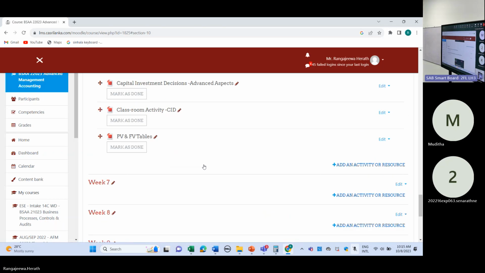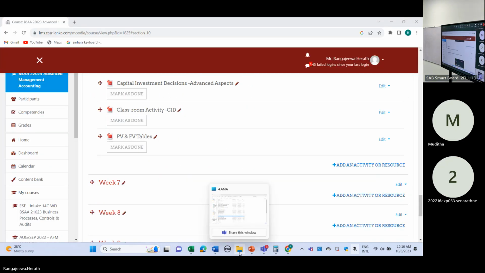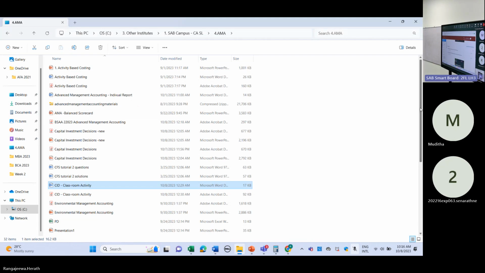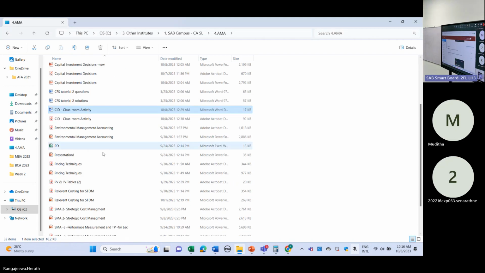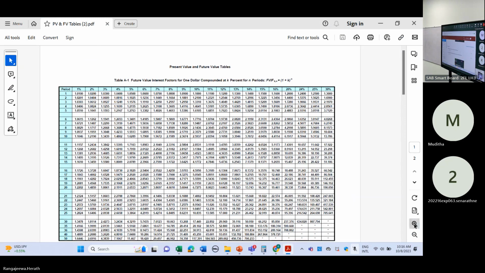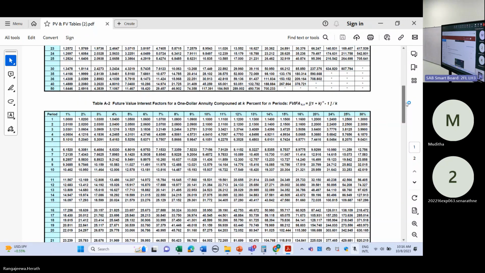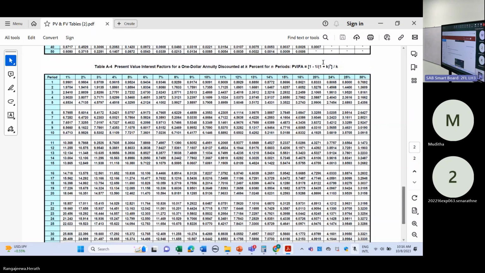So you are given the discounting factor 12%, right? You can either use the calculator or you can take the table, the present value, future value table. Present value table, present value interest factor.